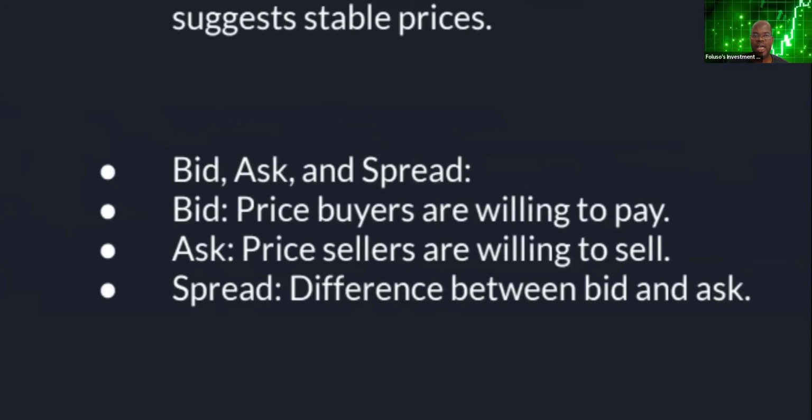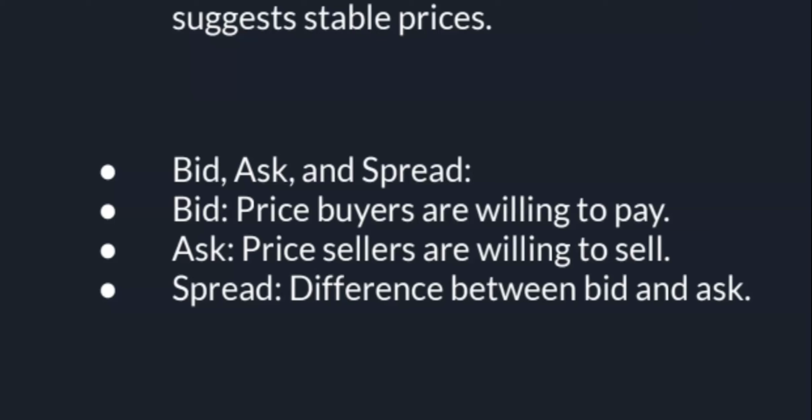So if Tesla is selling for 270, when you log in and you are ready to buy, if you tell them that you want to pay 270, that's your bid. Then the ask price is the price that the seller is willing to sell. The seller will also tell you they want to sell for 271. So until you are ready to pay 271, there will be no deal.